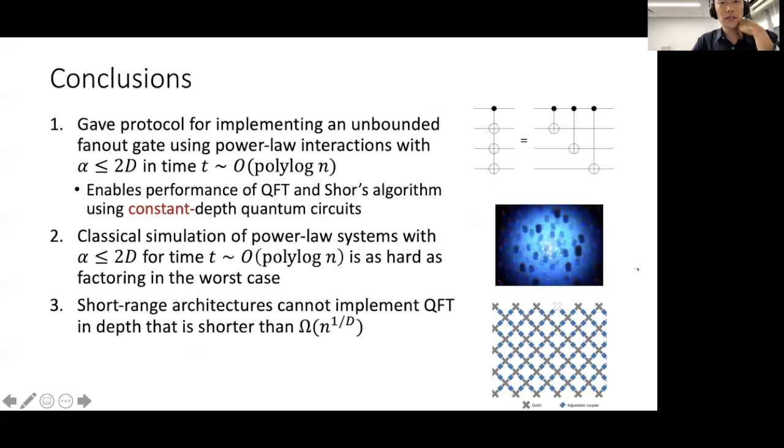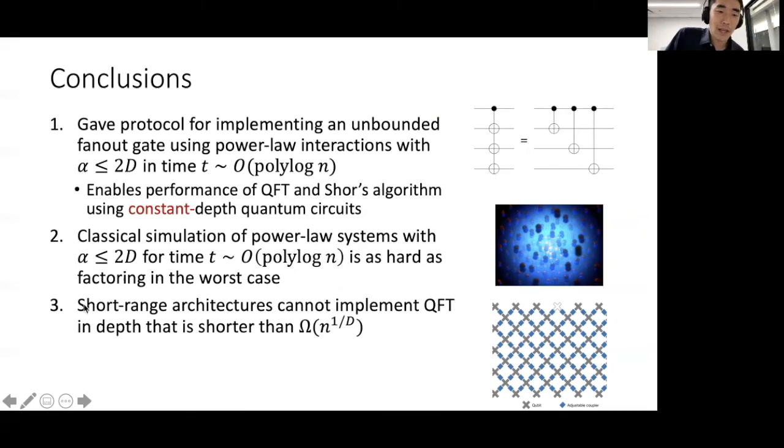Okay, so to conclude, I gave a protocol for implementing an unbounded quantum fanout gate using parallel interactions that enables the performance of the QFT and Shor's algorithm using constant depth quantum circuits. As a corollary, this showed that simulating power law interactions on a quantum computer for a specific range of the power law exponents, for time polylogarithmic in system size, is as hard as factoring.